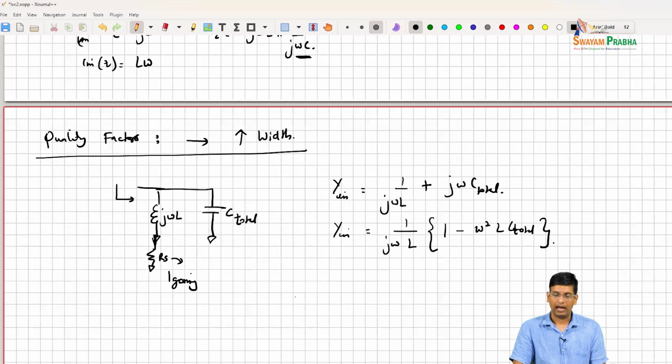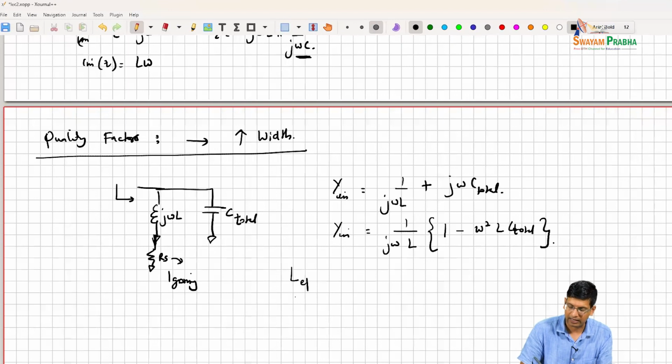And this effectively means I can define an effective inductance: L effective at omega becomes L divided by 1 minus omega squared L C total.